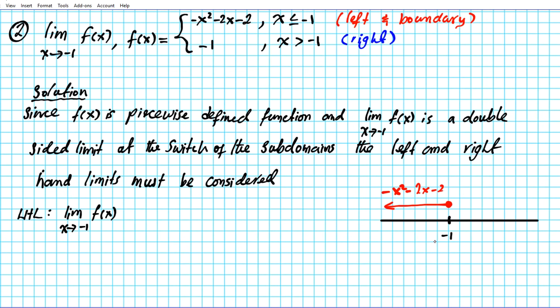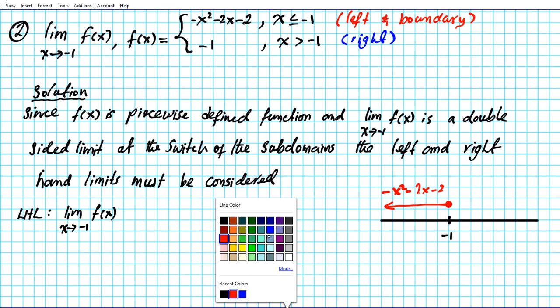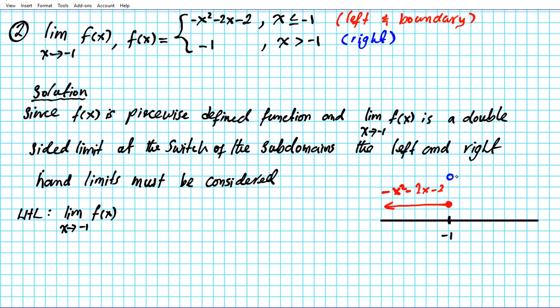Now, if you're to the right of the boundary point, anything that's bigger than -1, so -1 to infinity, the function that's active is the constant function -1.